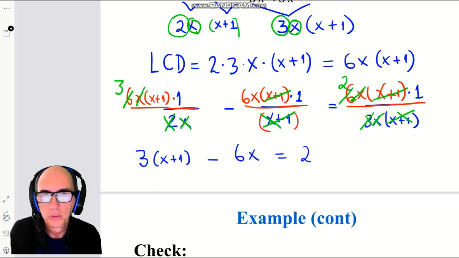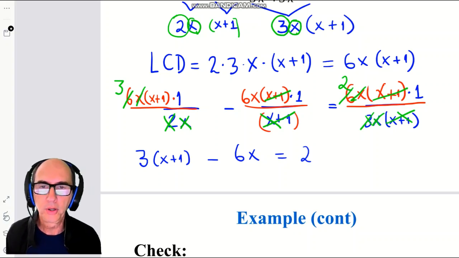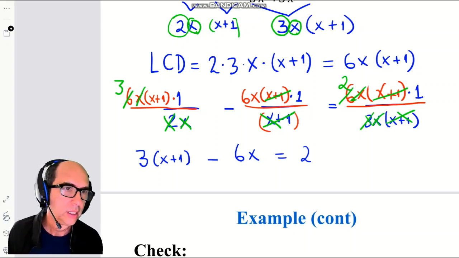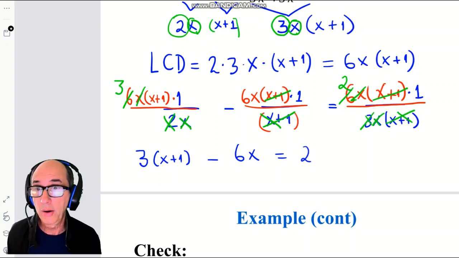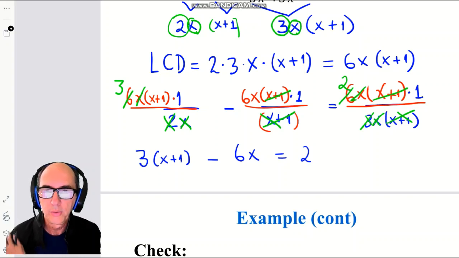And great, because we canceled all the denominators, we can now solve this simple equation by applying the steps we learned before to solve linear equations, right?